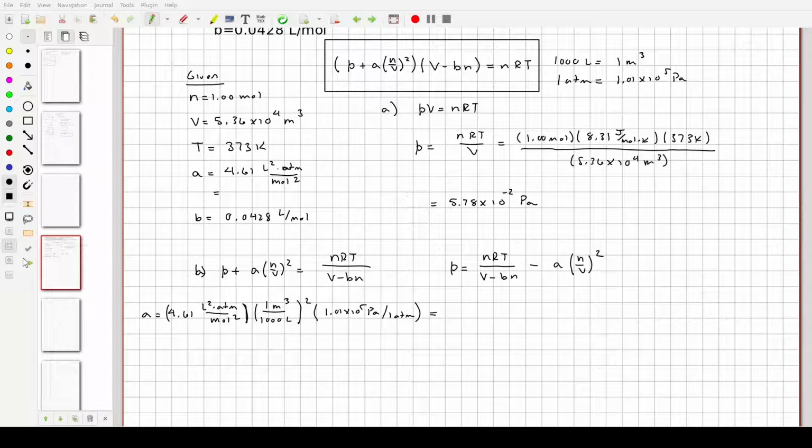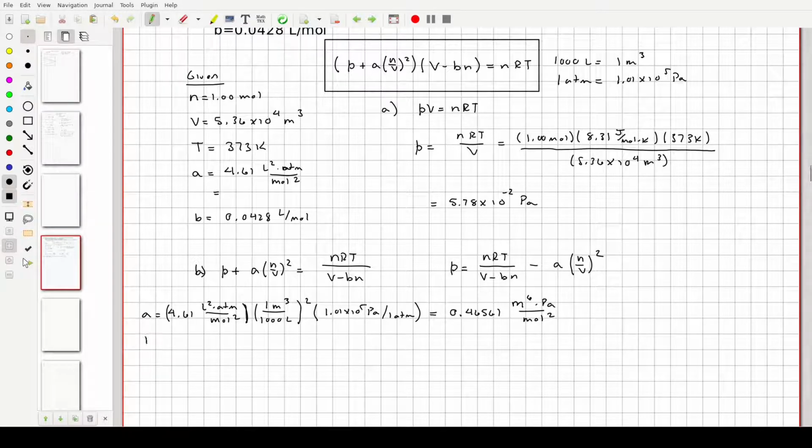But I got to do that twice. And so for this right here, I get 0.46561. I'm going to put this in weird units, I guess. Meters to the 6 pascals divided by mole squared. That's what it is, though.